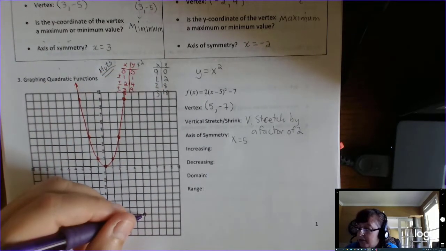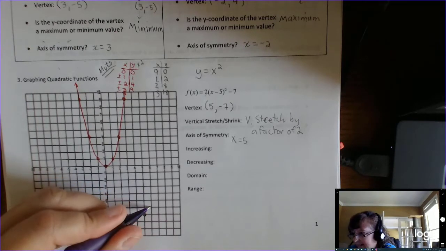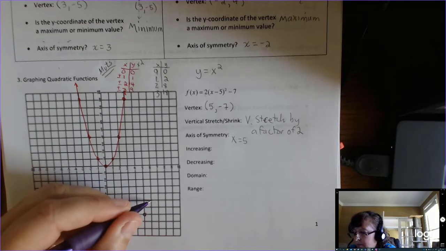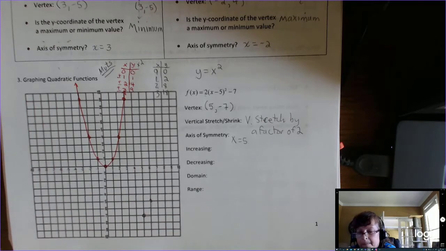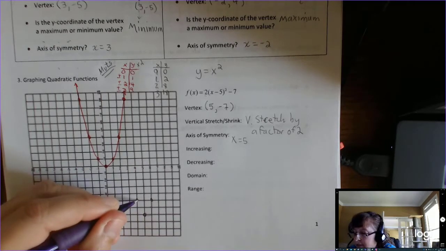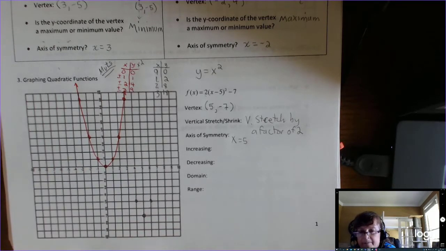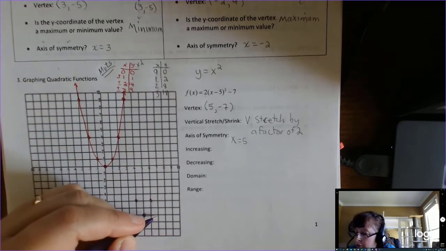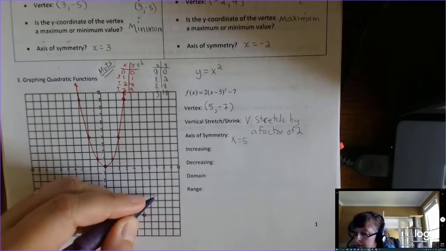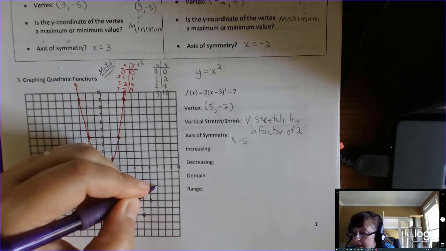So this one, instead of going over 1, up 1, it's going to go over 1, up 2. And you can see the vertical stretch of 2 right there. You see it? Over 1, up 2. And then the axis of symmetry says there'll be another one right across from it. Then instead of going over 2, up 4, you would go double that and go up 8.